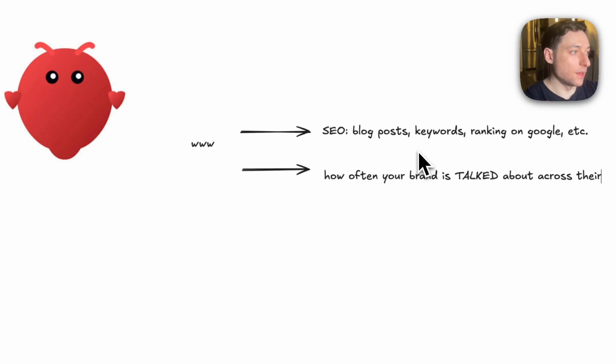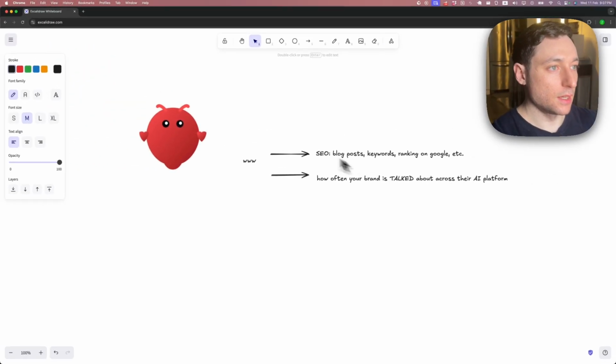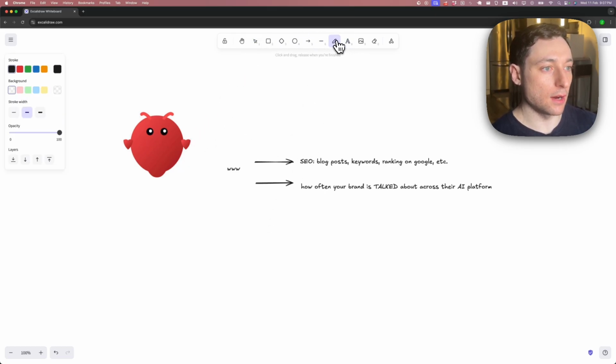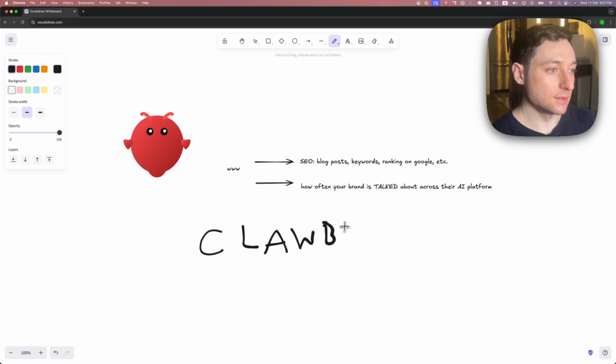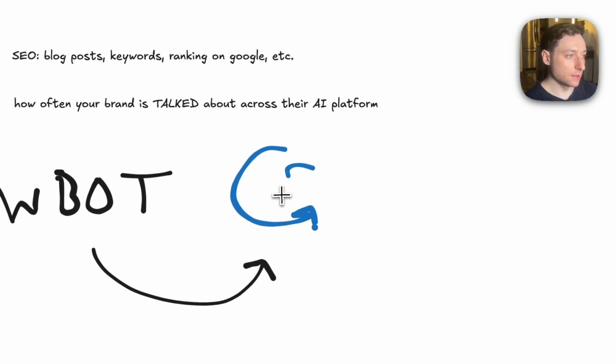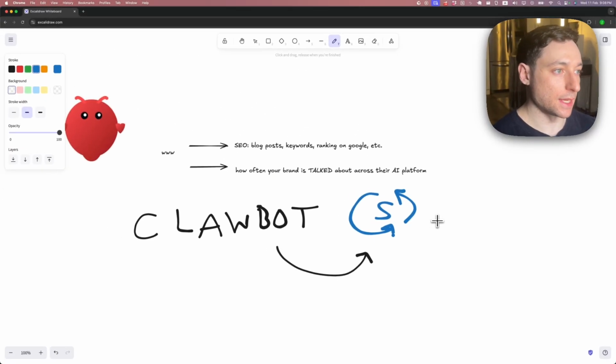across their AI platform. So as an explanation on kind of how this works, let's take the kind of topic that we're talking about right now, right? Clawbot. Okay? Clawbot 2 weeks ago or 3 weeks ago, nobody knew about Clawbot. So if you asked OpenAI about Clawbot, it would basically search the web for what Clawbot is and look across forums and try and do all this in 2 to 3 seconds.